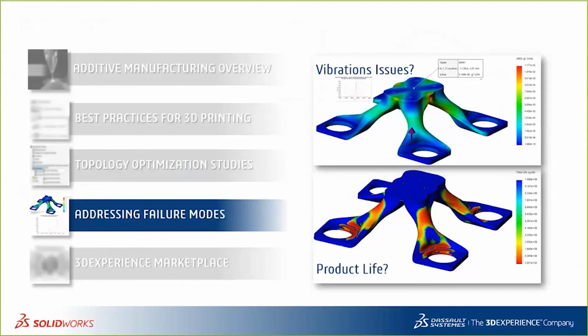So for example, here in this component, this is a component that's flying in the air. So there might be some vibration issues. And we could categorize this as a hobbyist component that might be used by children.